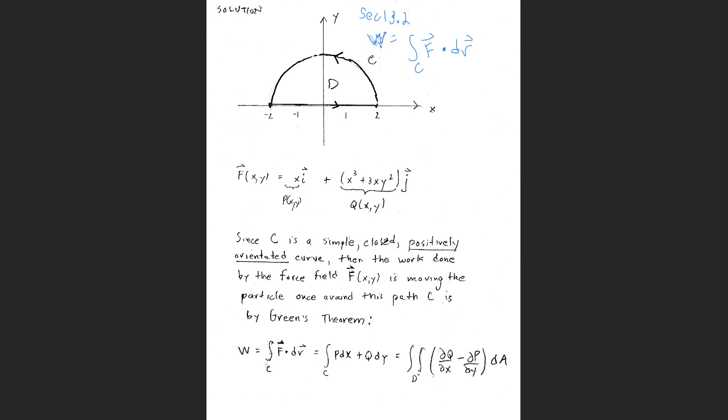Well, hold on, Ian. Let's look at the path. The first part of the path, I think you'll agree, is a line segment. First part of the path is this line segment. So we could call that C1.